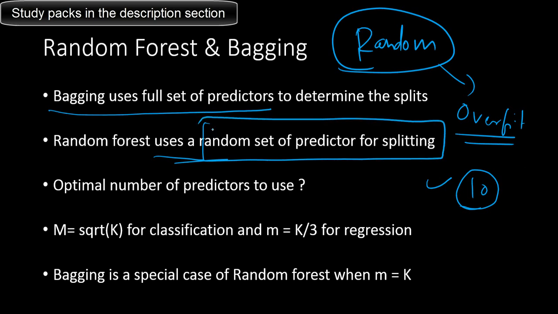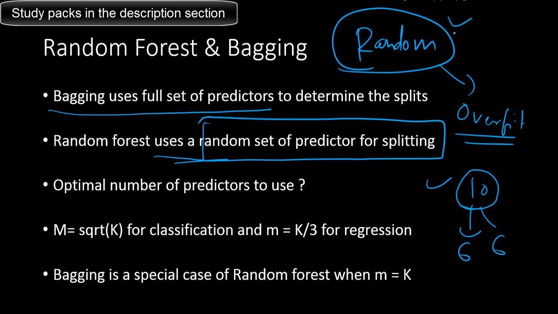It doesn't use the entire set of predictors. It just uses a random subset each time. So out of these 10 variables, let's say it randomly selected 6 for the first model, another 6 for the second model, and so on. The idea is to use a different set of predictors each time rather than taking the entire set, and that is supposed to improve the randomness.